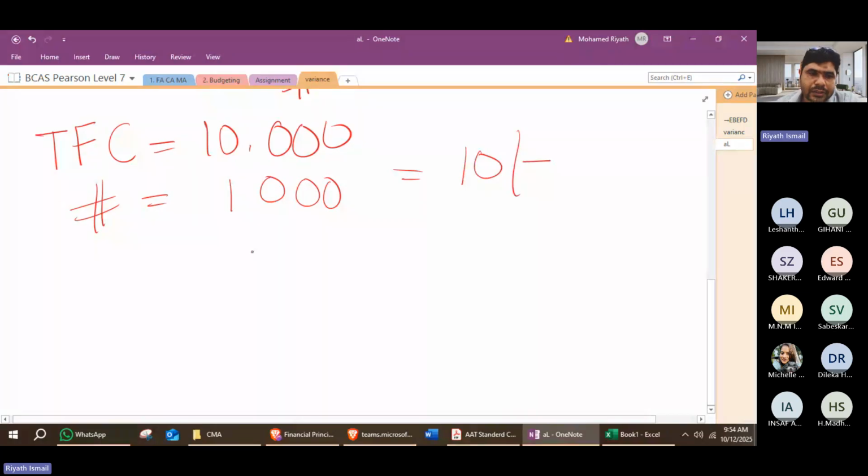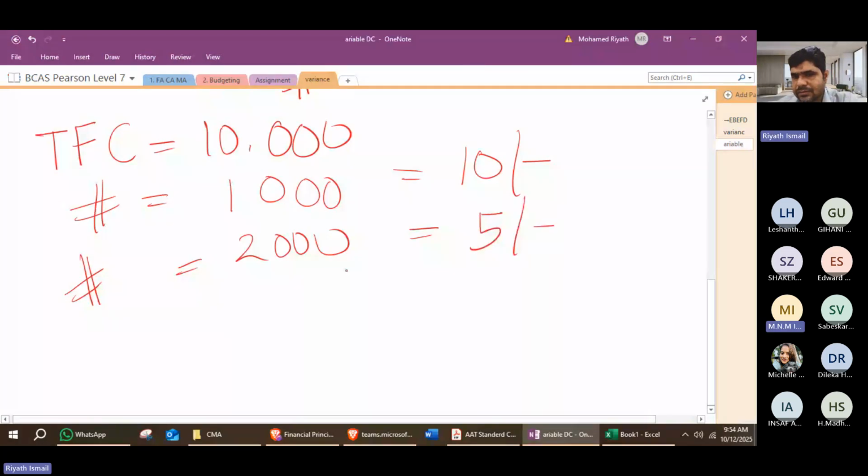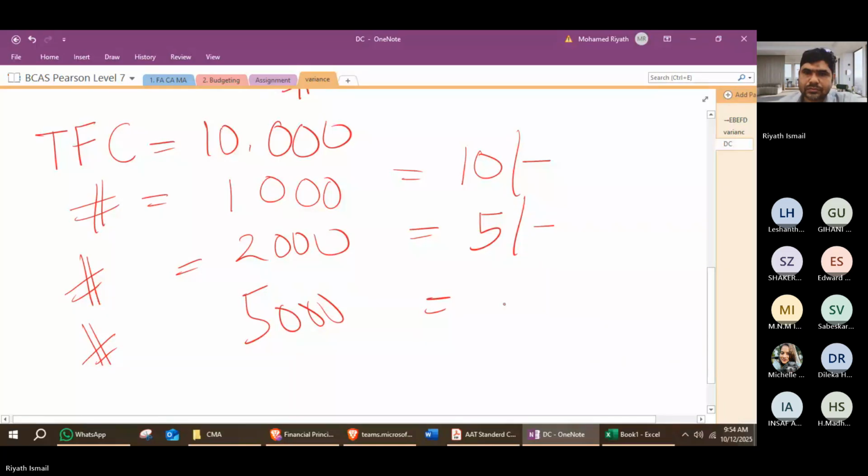If the production is 2,000 units, how much? 5 rupees. If the production is 5,000, 2 rupees.